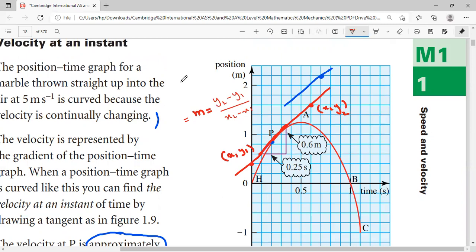The gradient will tell you the speed of the particle at a specific point.